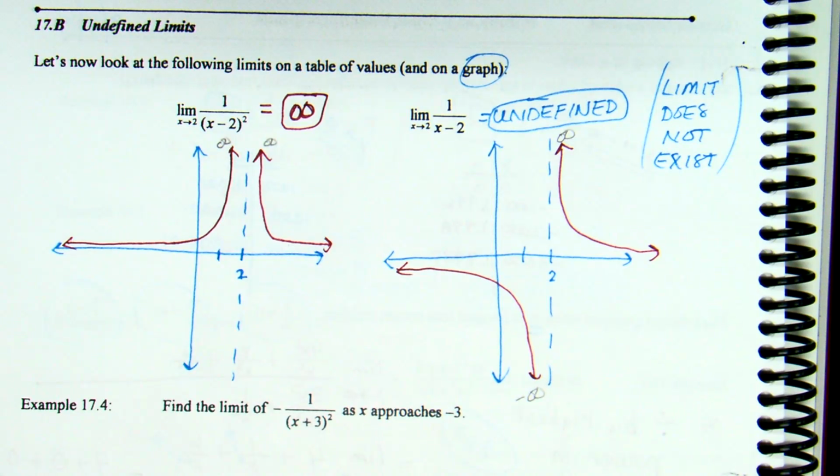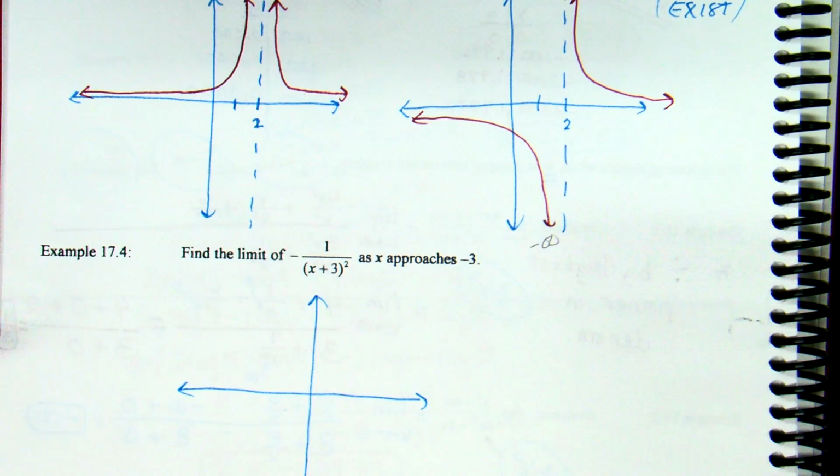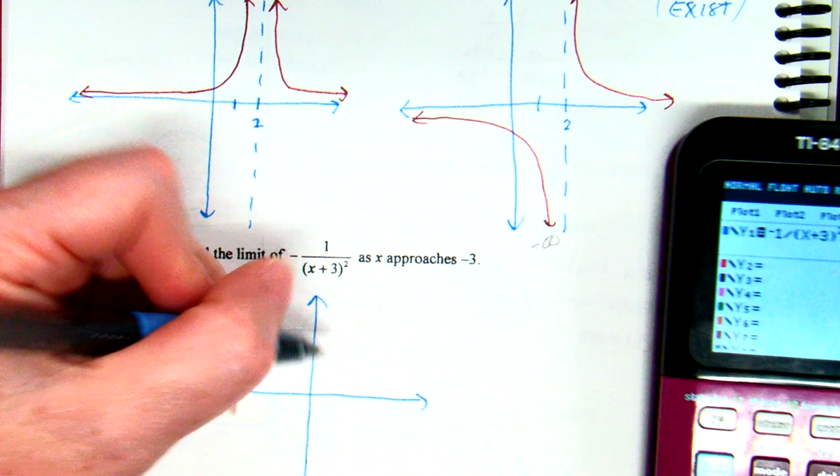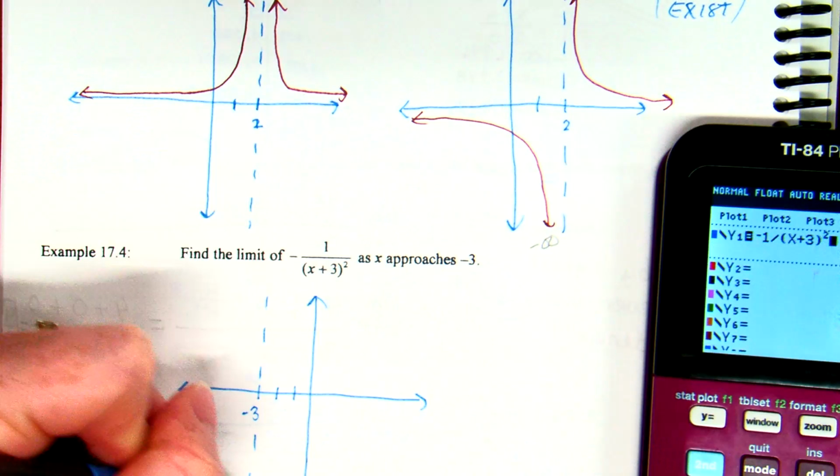Denominator equal to 0. So, this is the limit as x approaches negative 3. I know before I even look at my graph, I have a vertical asymptote at negative 3.